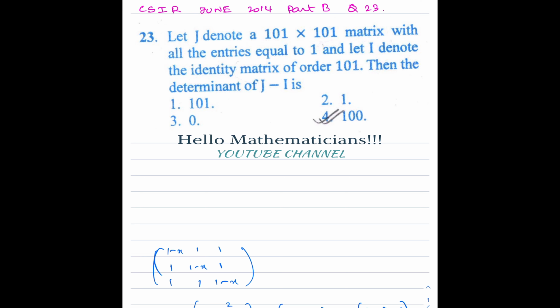Finally we want to find the determinant of J minus I. So what we do is find all the eigenvalues of the matrix J minus I. It is a 101 by 101 matrix, therefore it will have 101 eigenvalues.